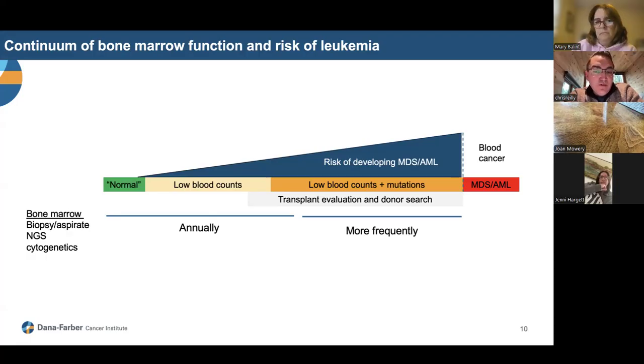But I put this on the early side because what I have seen work best for patients and families is when that conversation and planning starts proactively. It causes less anxiety and frustration and fear as people are getting closer to actually needing to go to transplant. And so I just wanted to highlight that. This is the framework that I've been using, and we certainly will continue to adapt this as we learn more.